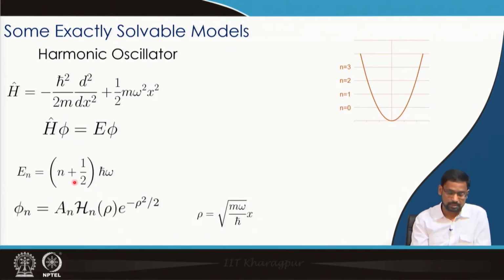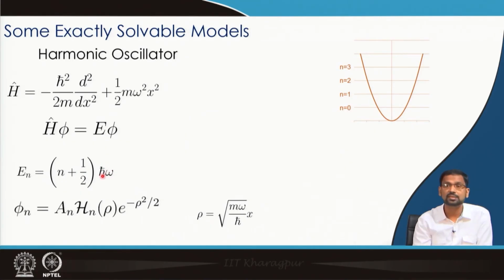This n plus half says that for different values of n, my energy would keep changing. Unlike the particle in a box, where the lowest allowed value was n equals 1, here in the harmonic oscillator case, the lowest allowed quantum number is n equals 0. When n equals 0, the corresponding energy is half h bar omega.